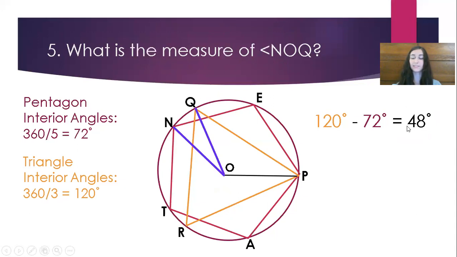So you're going to divide this by 2 because we're not looking at the angle all the way across. Okay, we're looking at the angle that stops in the middle at the radius. So we're going to divide 48 by 2, and that equals 24. So that means that the measure of angle NOQ is 24 degrees.